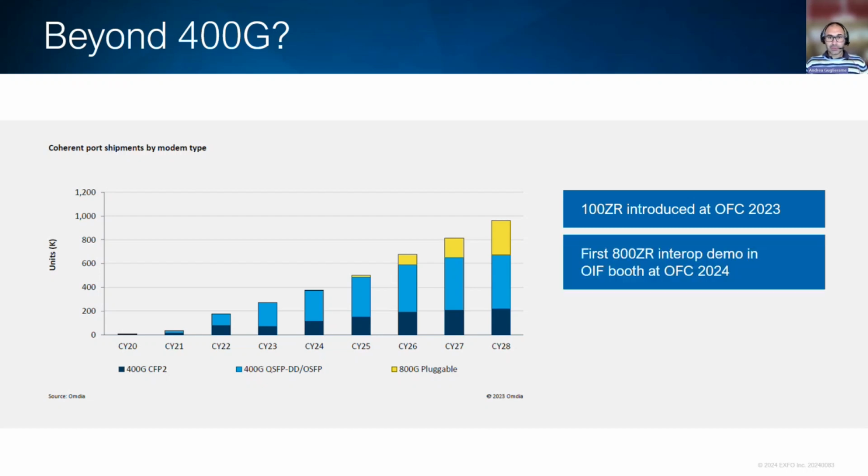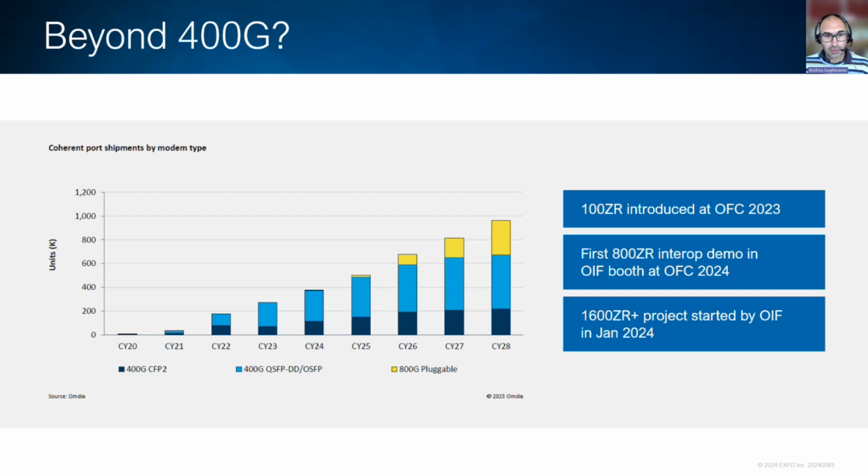Also 800 gig ZR has already been introduced at OFC 2024, and that will be the next generation of IP over DWDM with very similar challenges to 400 gig ZR. Without forgetting that the industry is already looking at the next generation. In fact, the OIF, for example, has already started a 1.6 tera project at the beginning of the year.